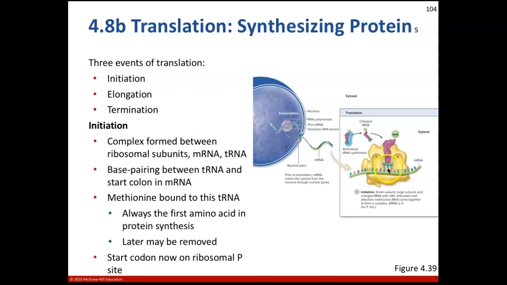We've got our base pairing between the tRNA and our start codon in our mRNA. And methionine, we said, was the first one. AUG is what we code for. So you can see that our tRNA has methionine attached here to start our protein synthesis. Later, this can be removed if it's not needed. And notice how we are in the P site.